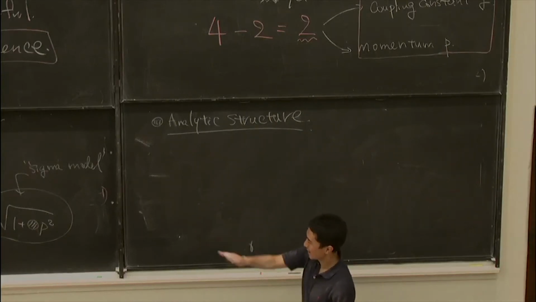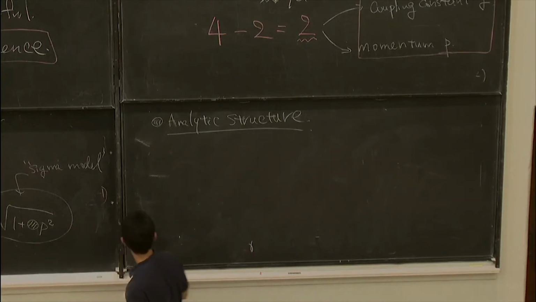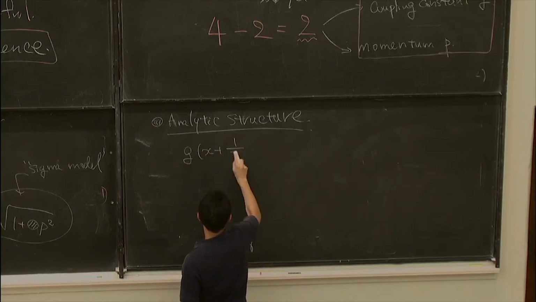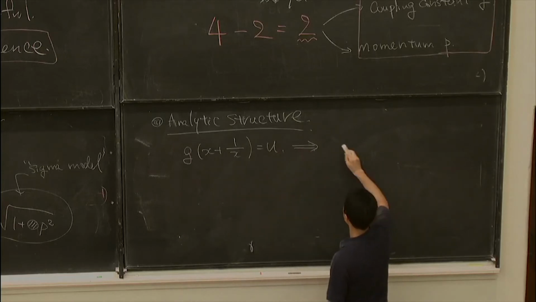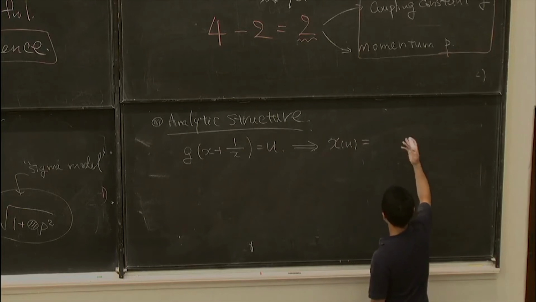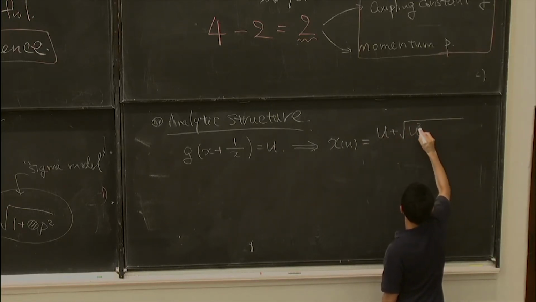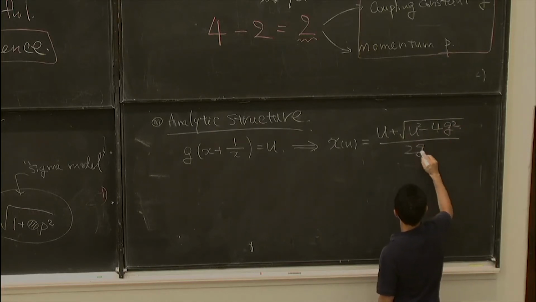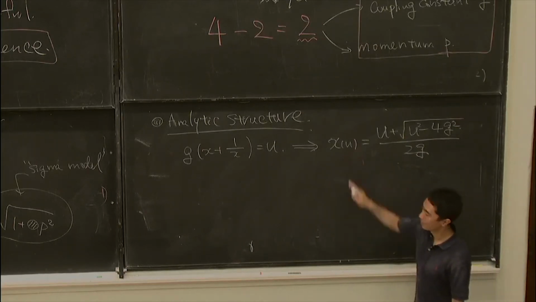So as I showed over there, they are given by x plus and x minus. And I said the function x is given by this equation. But of course, you can also invert it and express x explicitly in terms of u. And if you do so, you get this equation. So basically, this equation is telling us x of u has cuts.